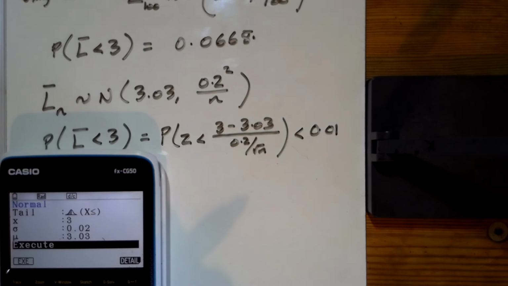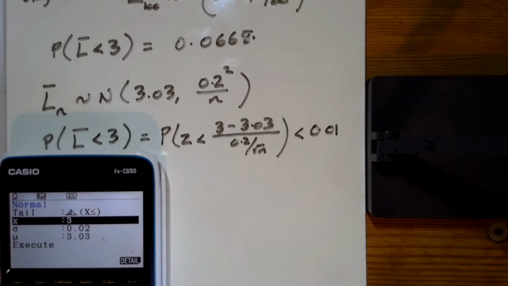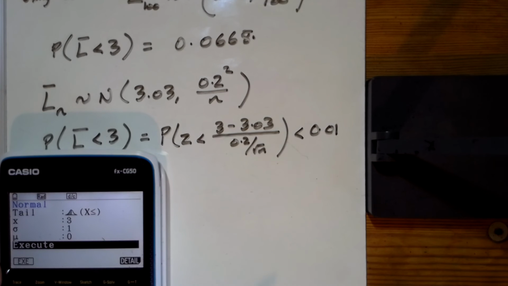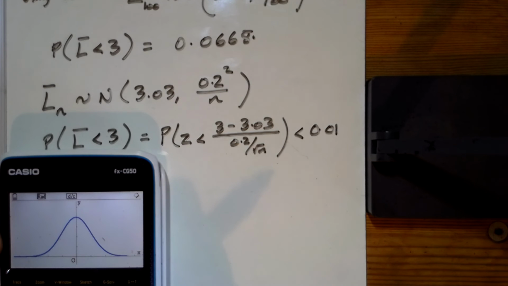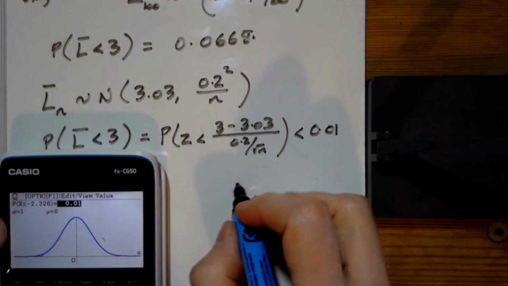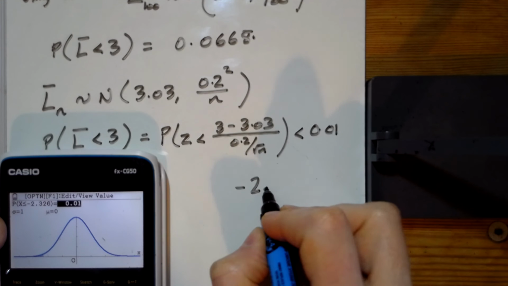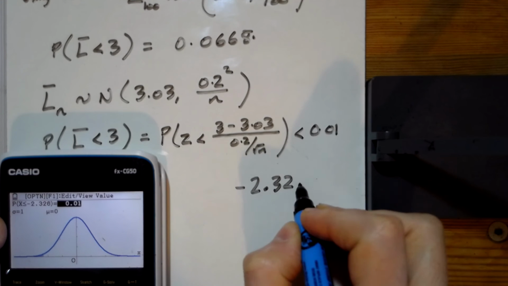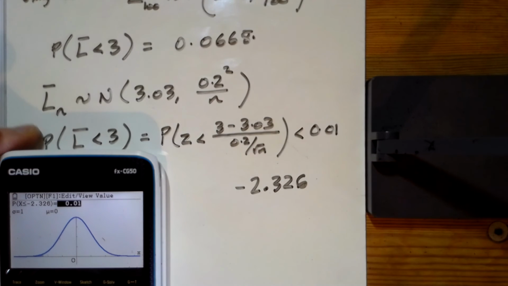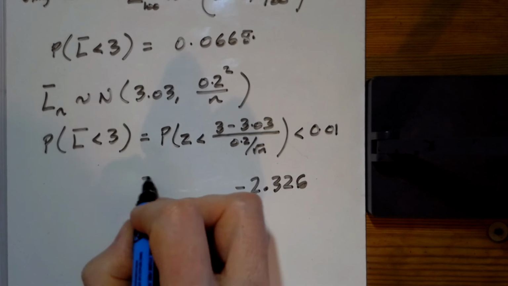What we would normally do here is change to a standard normal with a mean of 0 and a standard deviation of 1, and we want this probability to be 0.01. So we're going all the way down there, and this tells us that this calculation here needs to equal minus 2.326.